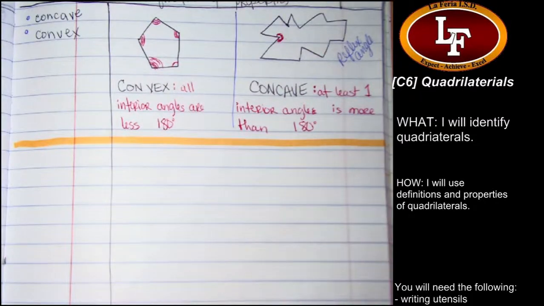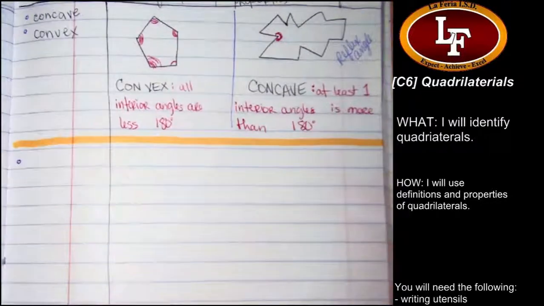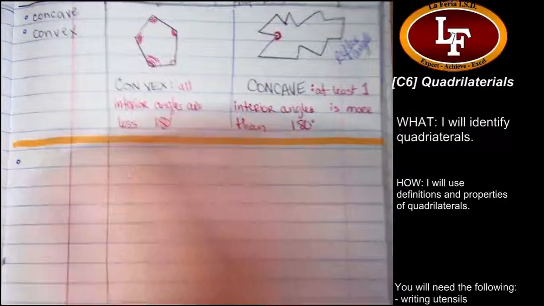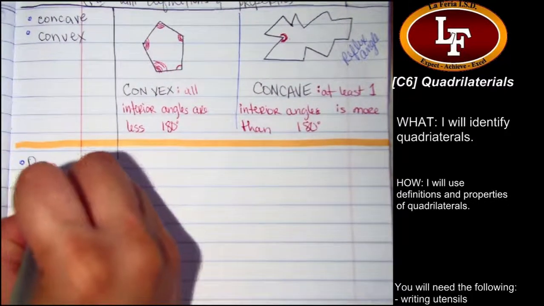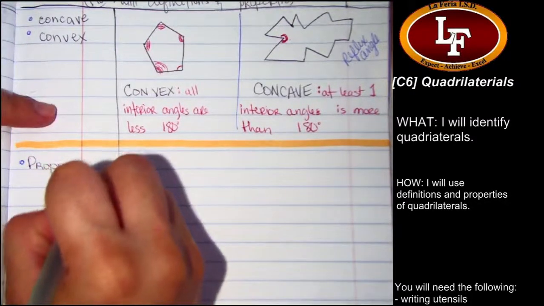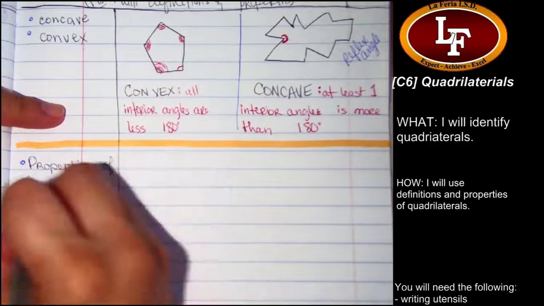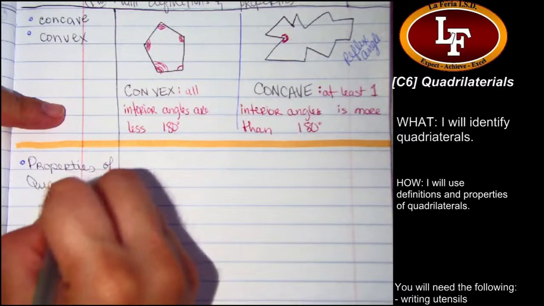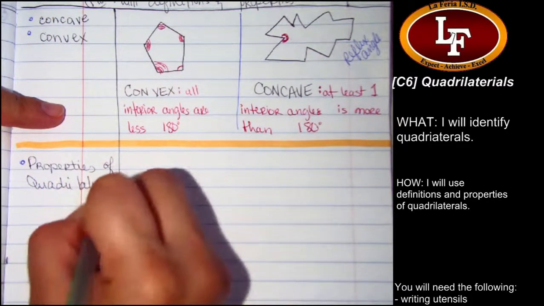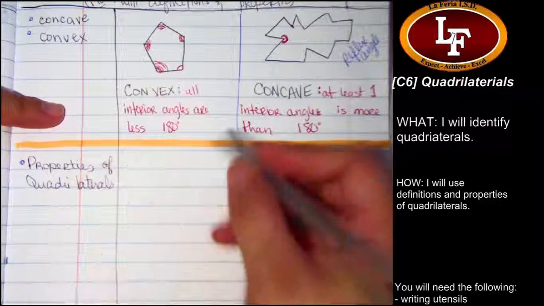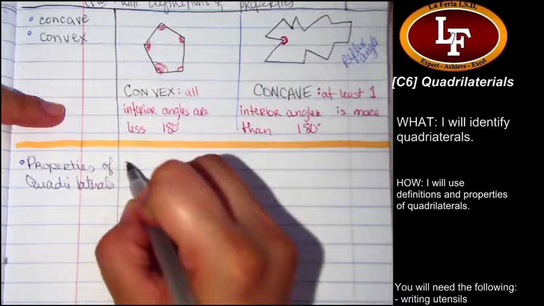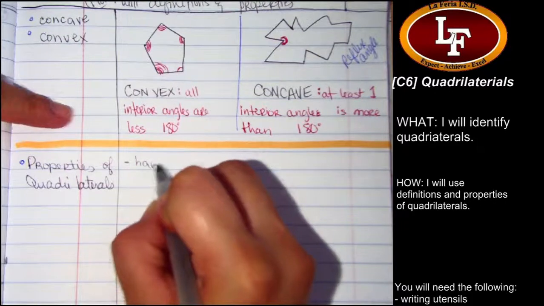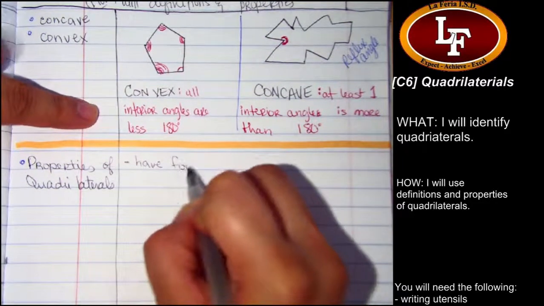Now we mentioned this because we've got some properties that we need to go over. So our properties of quadrilaterals are as follows. The first property is that all quadrilaterals have 4 sides.